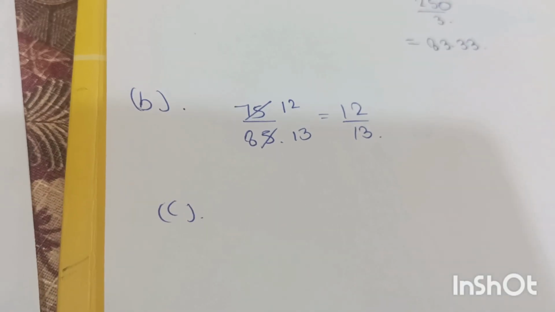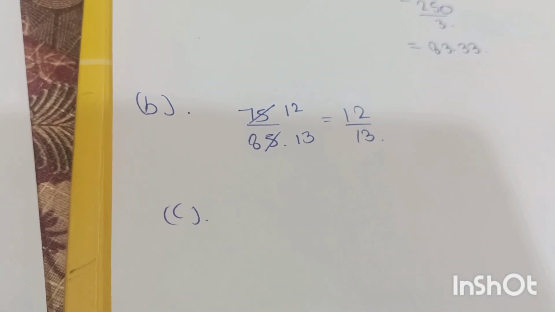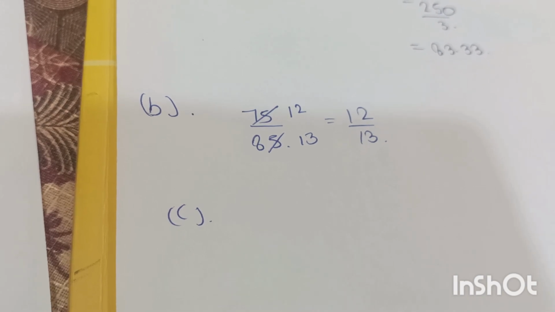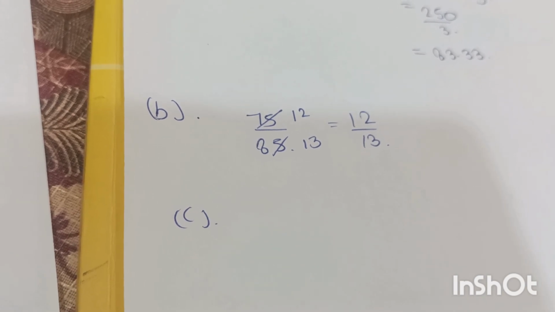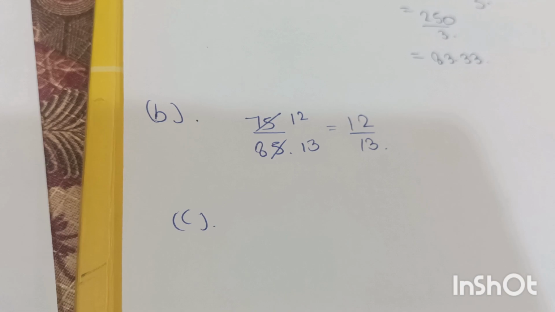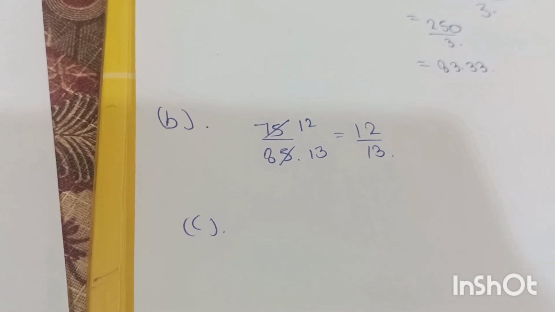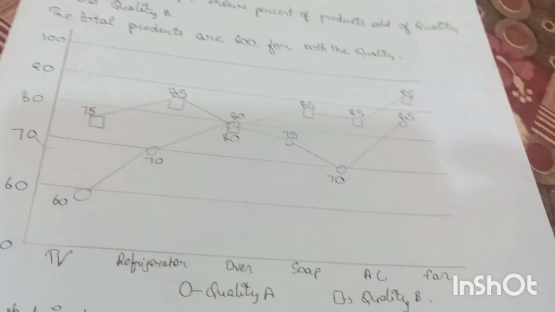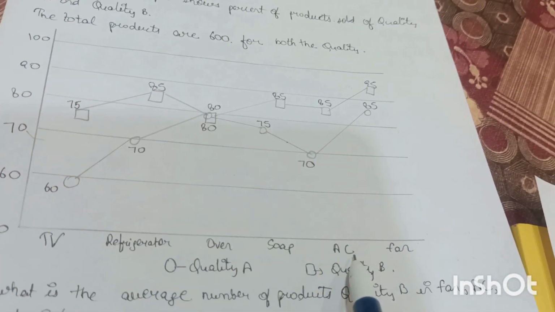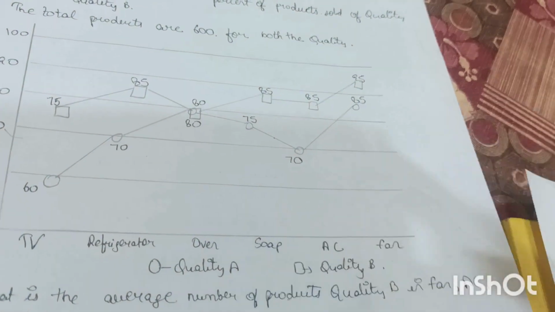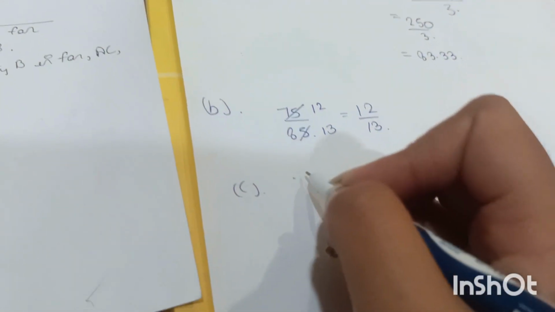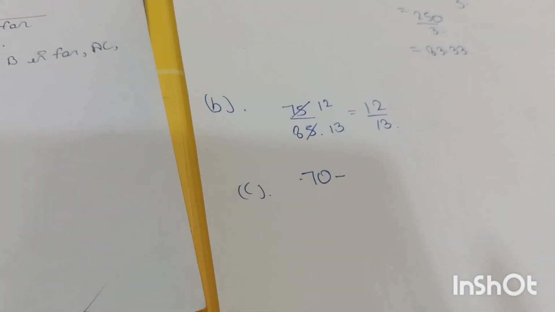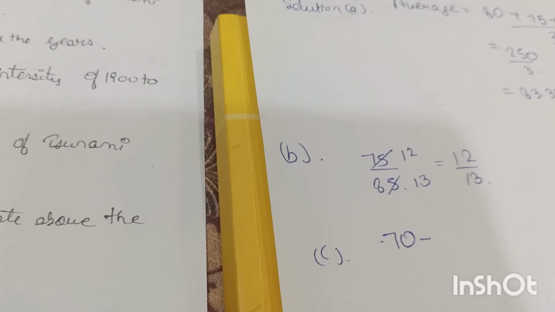So in the next question, we have to find the value of quality A product AC is how much more or less than product B fan. So now let's solve. So the value for quality A in AC is 70. So it will become 70 minus quality B fan.